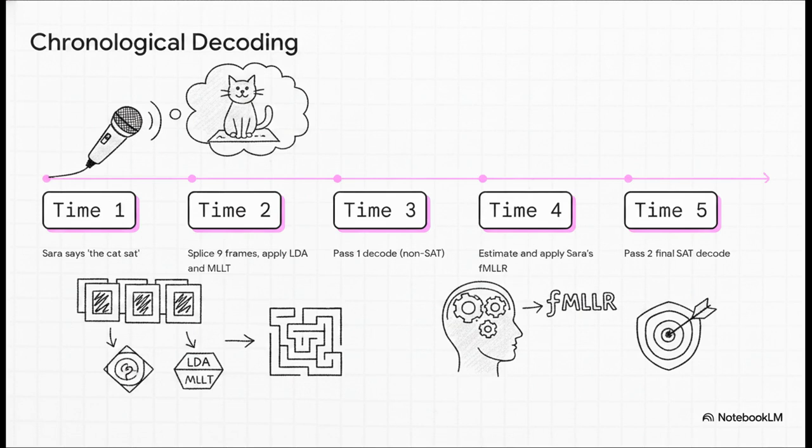Time 3, we run her Pass 1 decode with a baseline model to get our rough lattice. Time 4, we use that lattice to estimate Sarah's unique fMLLR math, translating her voice into the canonical speaker space. Finally, time 5, we do our Pass 2 decode from scratch with the SAT model, dropping our error rate down to a highly optimized 13%.